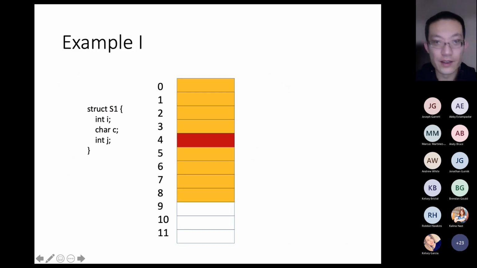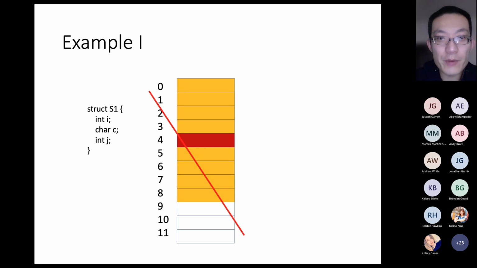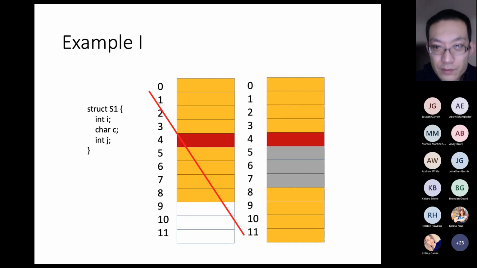Here's a case. Integer I, char C, integer J. So apparently the layout of the memory is not like this. We need to modify that, and see how we can come up with 12 bytes. Let's look at the first element, integer I. Let's assume it's starting from address 0.